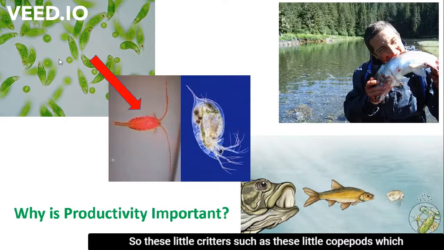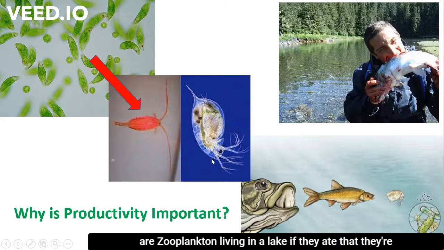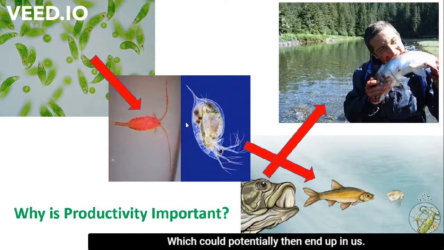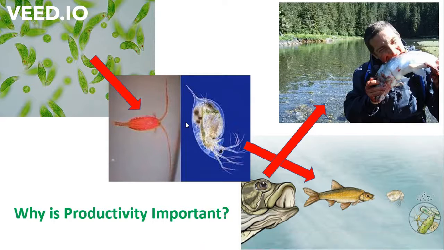So these little critters, such as these little copepods, which are zooplankton living in a lake, if they ate that, they're consuming and also getting that energy stored in them as well. And then it gets passed up the food chain or the food web, where it could potentially then end up in us.